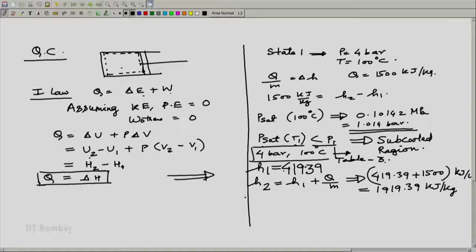Now this is my state 2, and now I have to understand, when I know state 2, what I know is the enthalpy of state 2. I will have to again locate where the state 2 lies. Is it also in the subcooled region? Is it inside the dome, or is it in a superheated region? That can be understood when I again go back to the steam table and locate the values of HF and Hg at 4 bar.